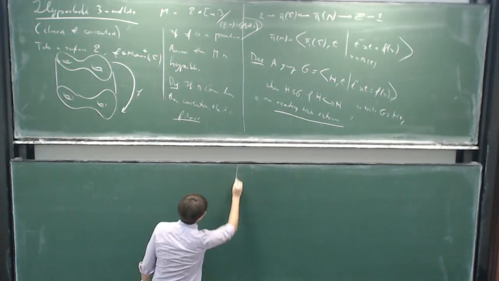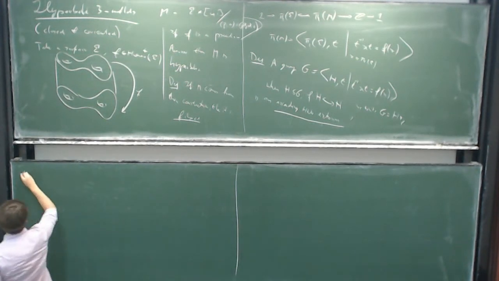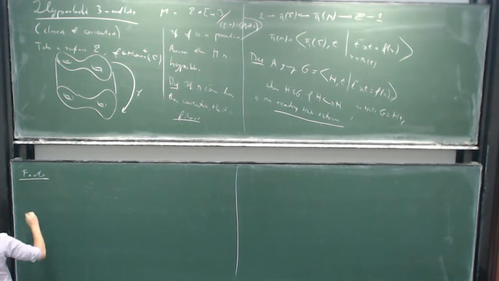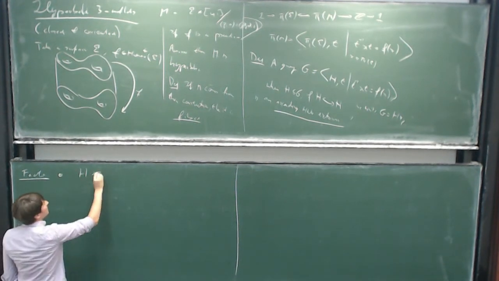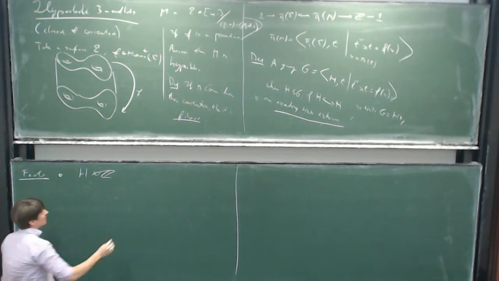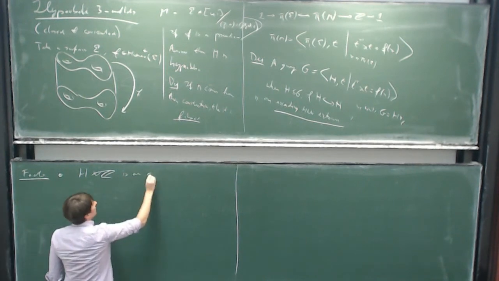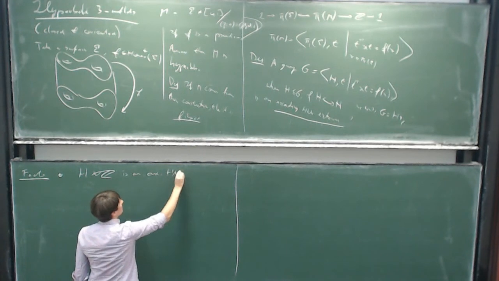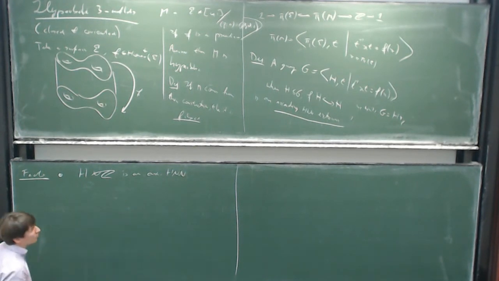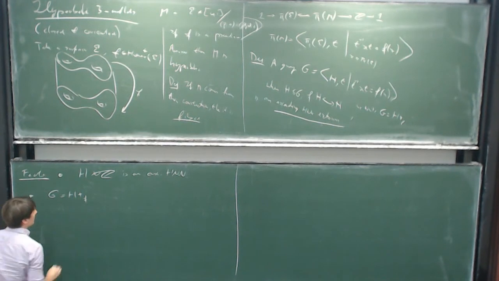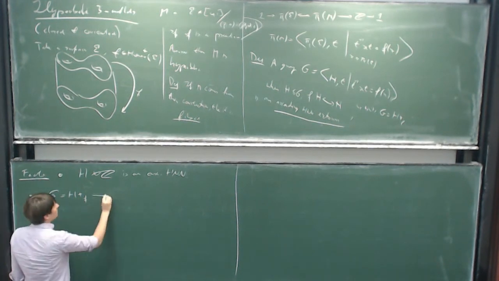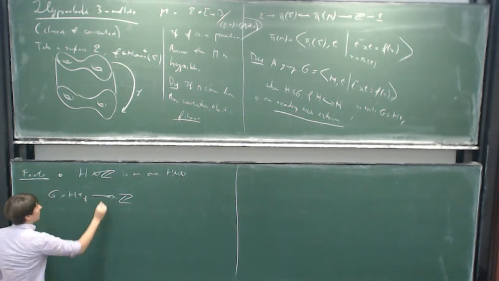Okay, so, facts. First fact: if you take a group which is a semi-direct product, then this is an ascending HNN extension. That's obvious because an automorphism is an injective map from the group to itself. Secondly, if you take an ascending HNN extension, you get an obvious map onto Z. I call it phi.